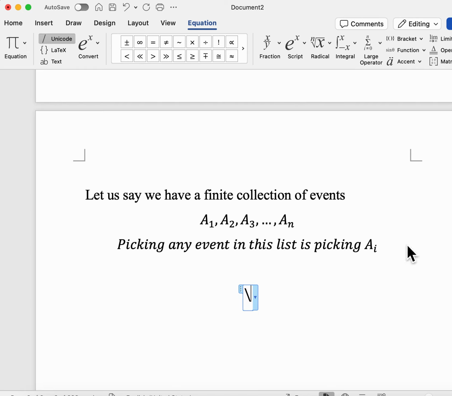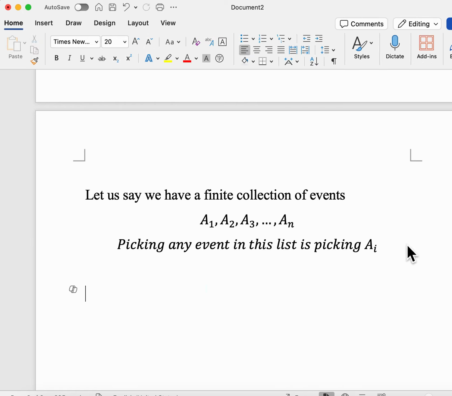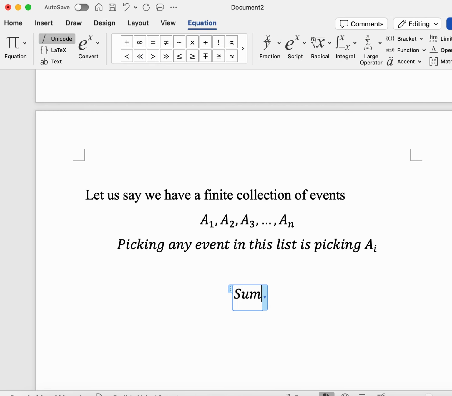It stands to say that if I take the sum of these probabilities of Ai, then I can just add them up together like this: P of A1 plus P of A2 plus dot dot dot.